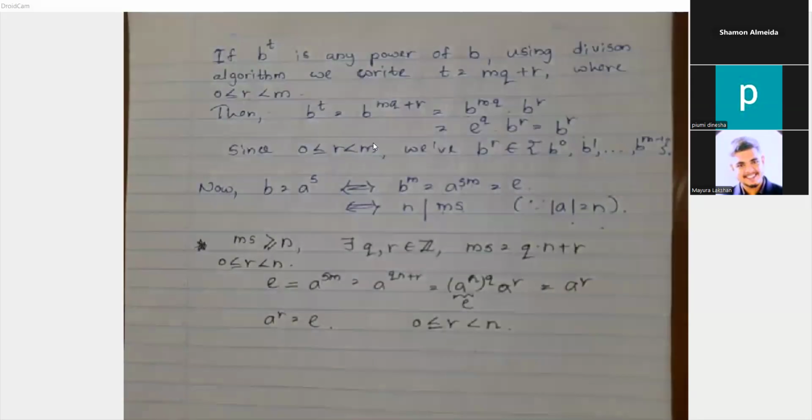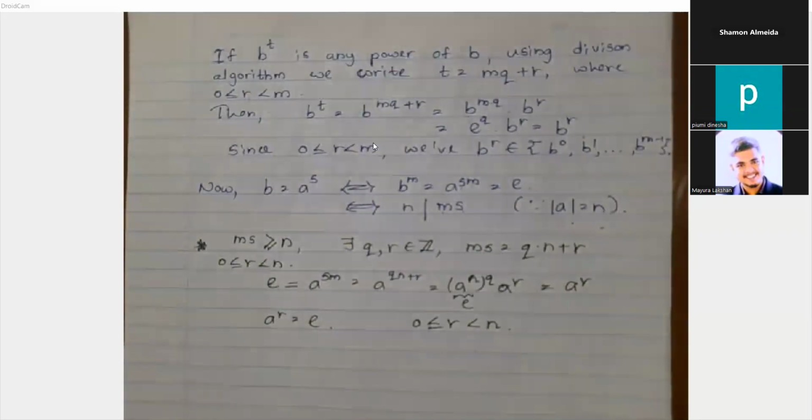Why is that? We already know the order of a is n. In other words, that means n is the least positive number for which the power of a is the identity, and n is the smallest number by definition that would give you the identity once you raise a to the power of n.